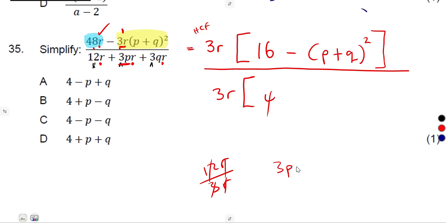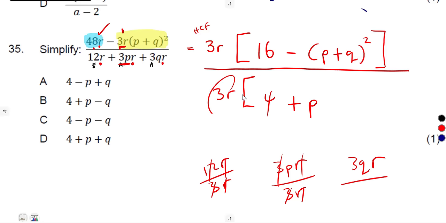3PR divided by the 3R that we factored out, we're going to remain with what? Positive P. The 3QR divided by what we factored out, 3R there, we're going to remain with the Q, which is positive.